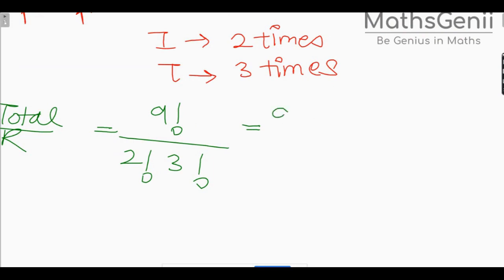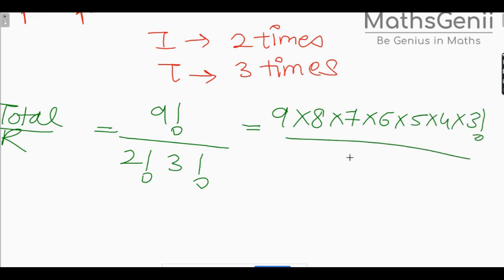So we can expand it quickly: 9 into 8 into 7 into 6 into 5 into 4 into 3 factorial upon 2 factorial into 3 factorial. So 3 factorial gets cancelled. 2 factorial is nothing but 2 into 1. So whatever you get after multiplication is your answer.